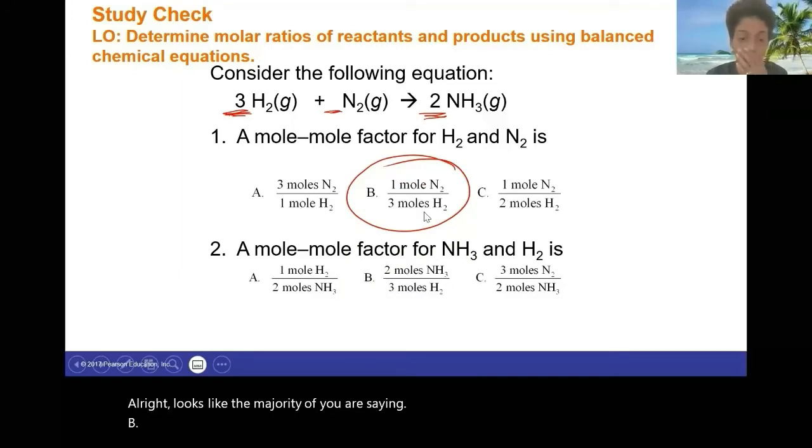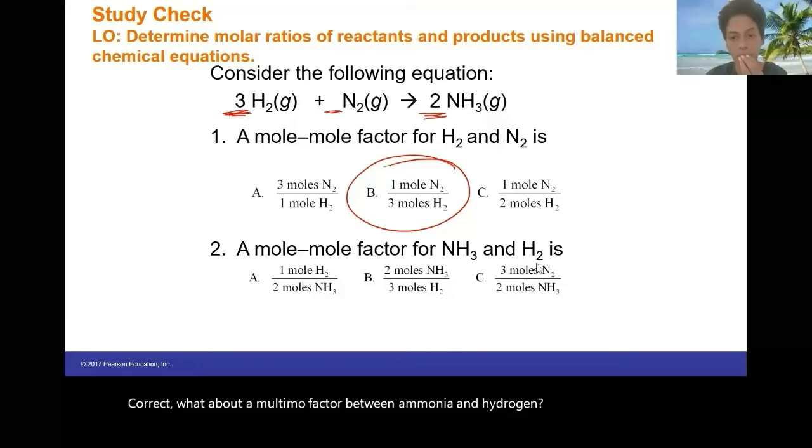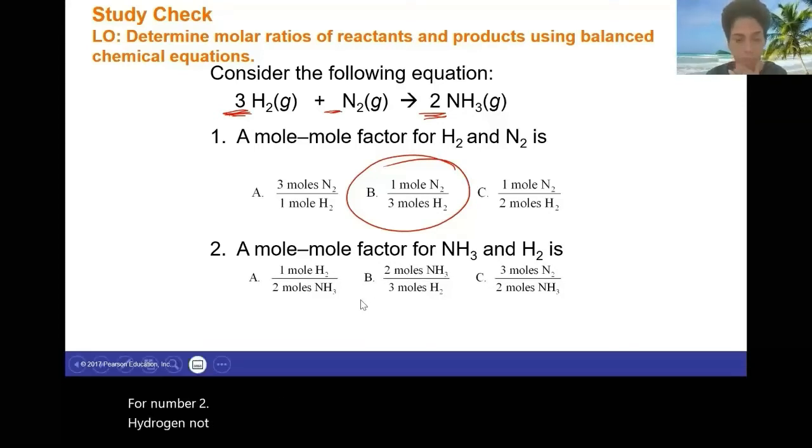What about a mole-to-mole factor between ammonia and hydrogen? For number 2. Hydrogen, not nitrogen. So once again, our answer is B.